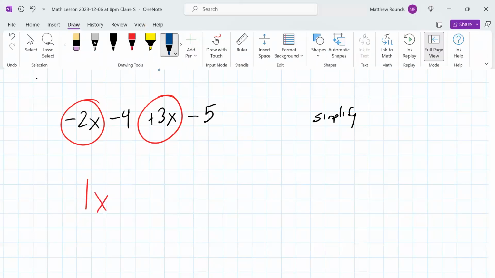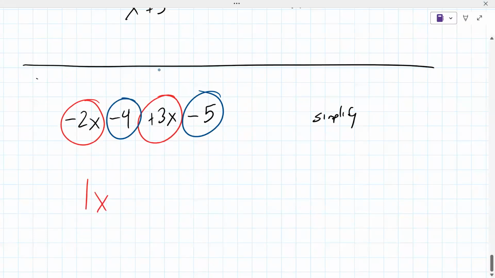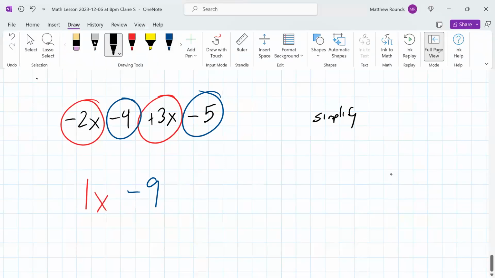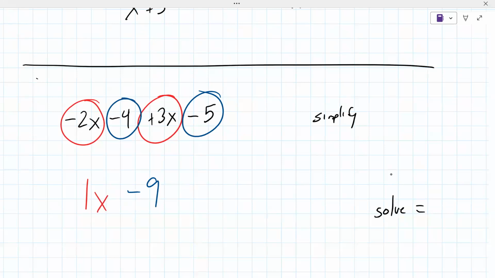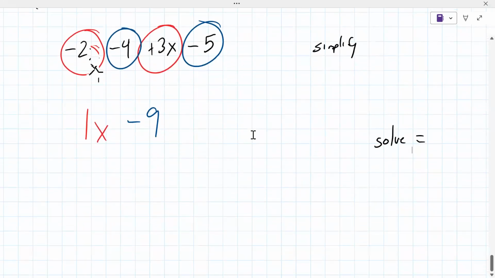And then what is minus 4 minus 5? -9. Very good. So solving requires an equal sign. Simplifying is a lot of things, but there's never an equal sign when you're simplifying.